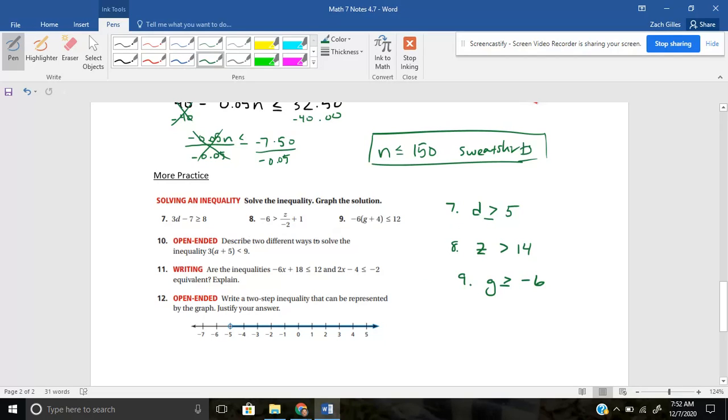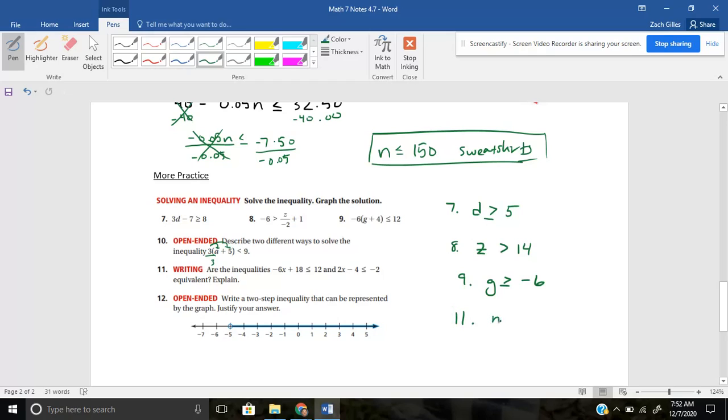Number 10 says describe 2 different ways to solve this inequality. So remember, that's the situation where you could either distribute first or you could divide by 3 first. Either one should work for you. Okay. Number 11, it says, are the inequalities equivalent, and explain?